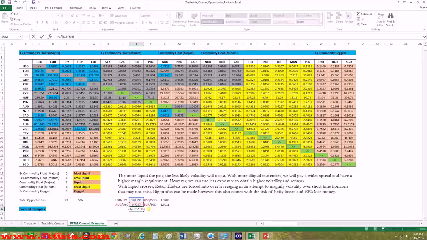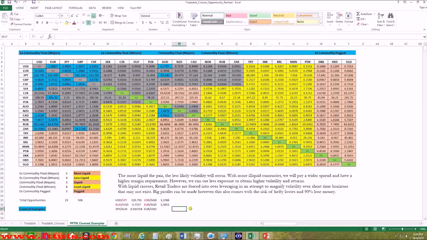If we just work out 1 divided by the equation that we had earlier, we work out the opposite situation, and that gives us 0.010714. And if we check in the table Japanese yen first and then Aussie dollar, we get this result here.